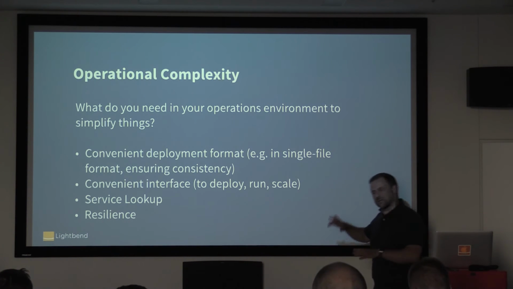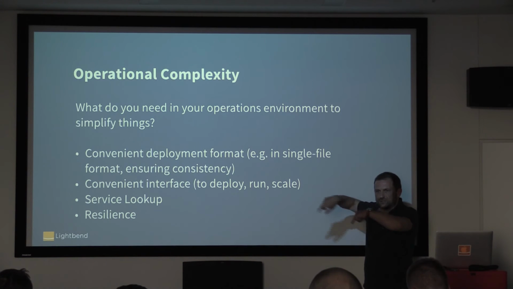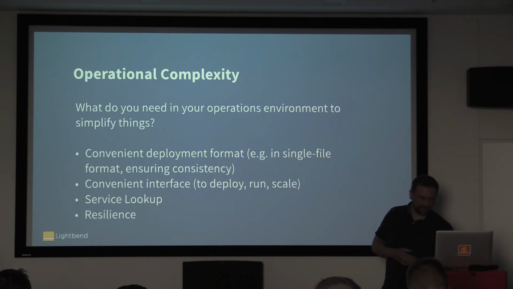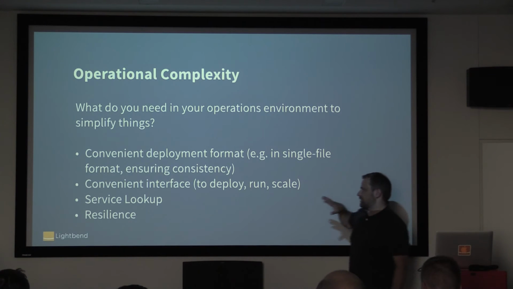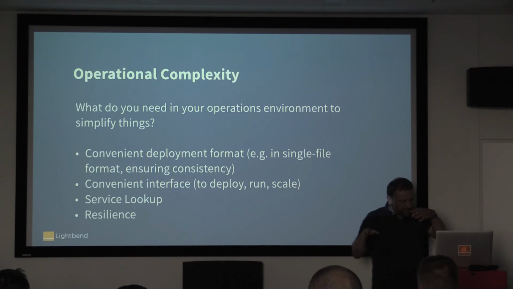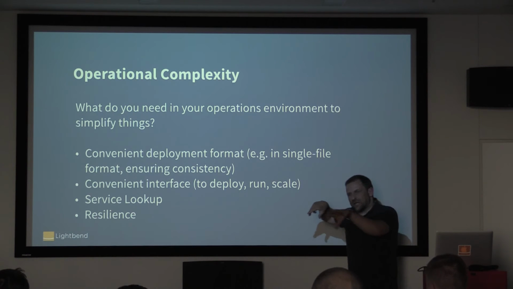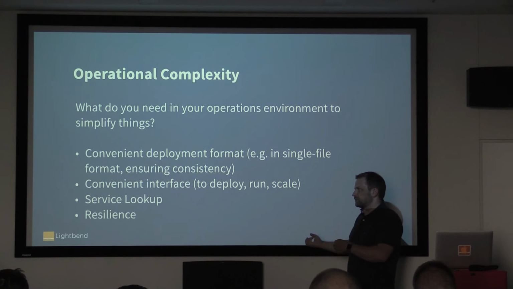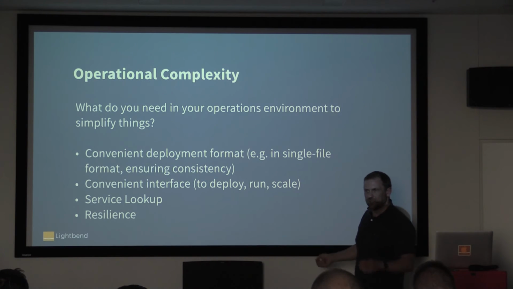With Lagom and Akka cluster, we make sure that the nodes find each other, and that a newly started instance will join the cluster automatically. You have to provide service lookup, of course. You want your orchestration or application lifecycle management tool to take care of what's running where, and to be able to stop something on a certain node and put it somewhere else.